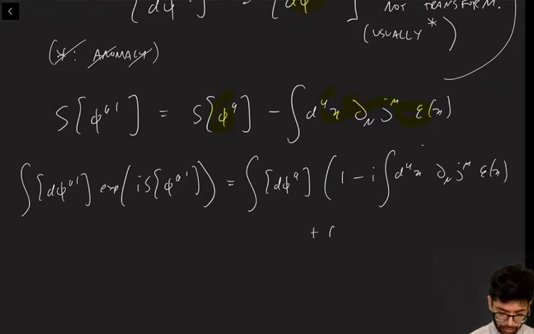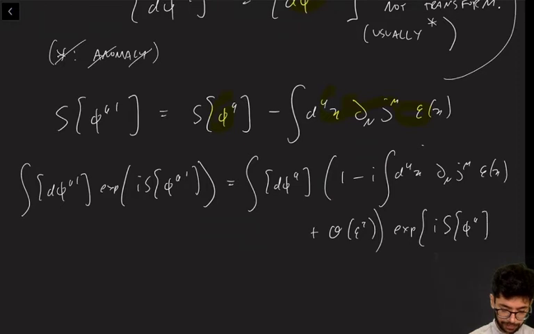And this is all true to order ε squared, and it's all multiplying the exponential of iS[φ_a], the original φ_a.